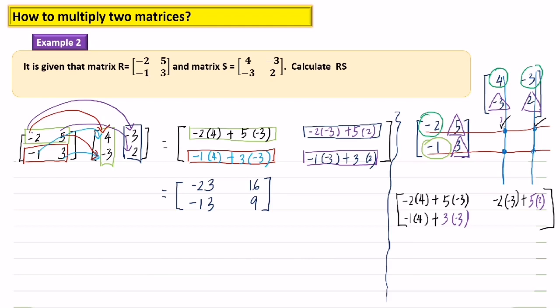And second row times the second column, this part: negative 1 times negative 3 plus 3 times 2. And you will obtain the same numbers, negative 23, 16, negative 13, 9.